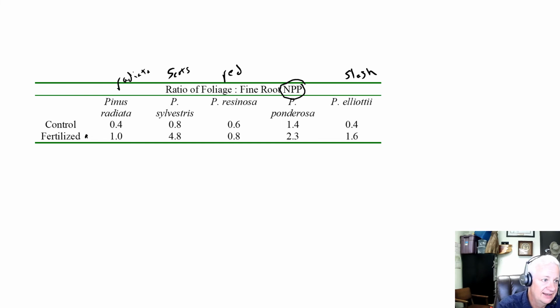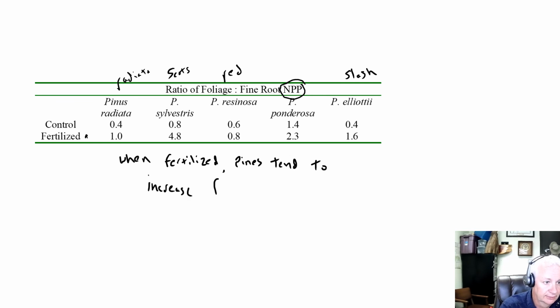That means when we fertilized any of these pine trees, they tend to grow more foliage than roots. So pines tend, when they're fertilized, to increase foliage growth and reduce root growth.